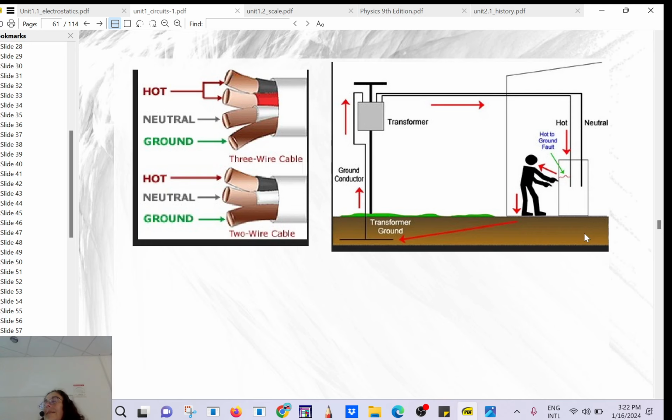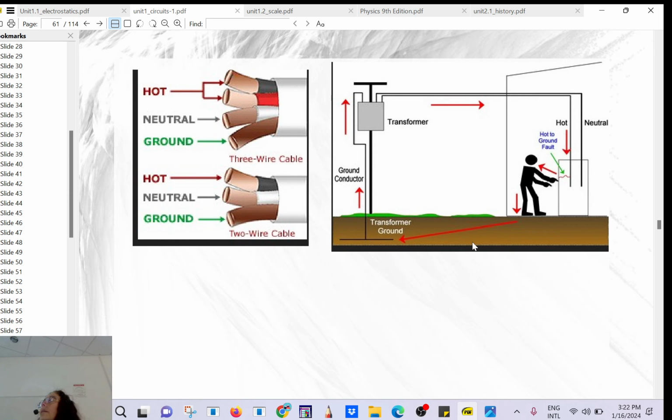Do you understand? If you have only two connectors, that's bad, because if you touch it, you make a path to the ground, go back to base, and you are electrocuted. If there is a third connector, and the connection goes to the ground, then you are safe.